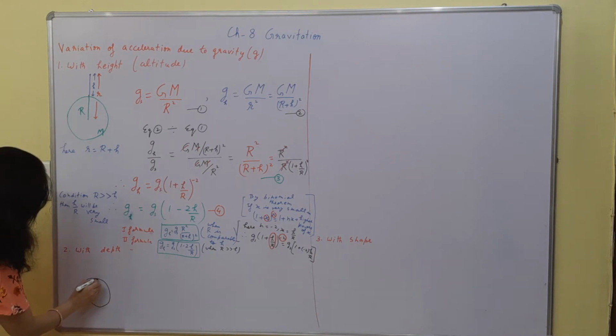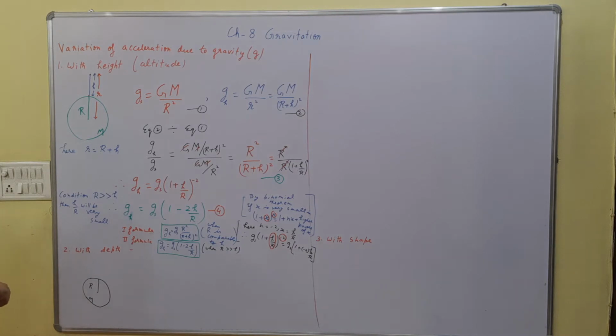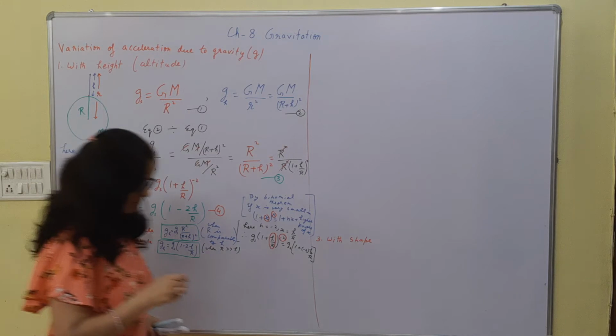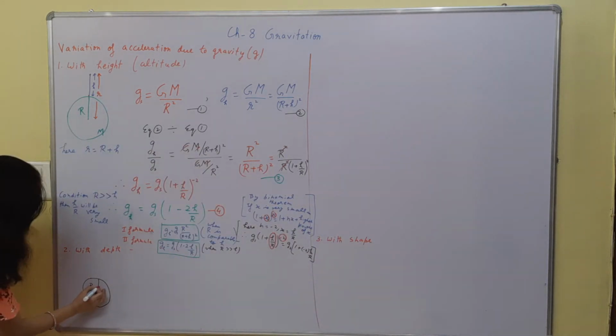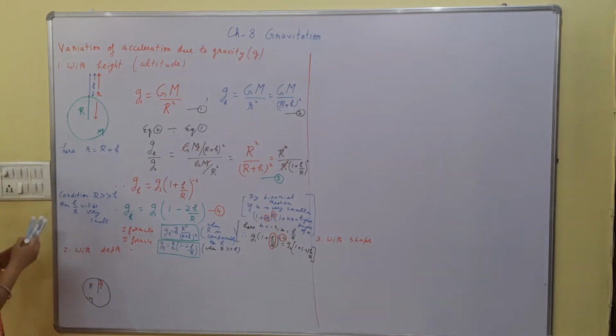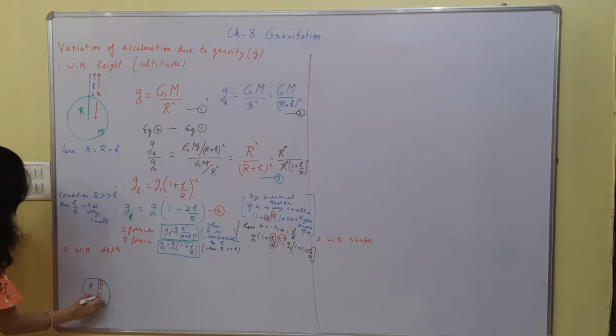So if we have this as radius of earth, capital M as mass of the earth, then if we take a point at depth d from the surface, this is the center, this is the surface.